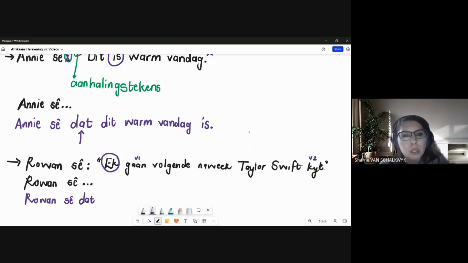So we don't have a head. It's only the head that goes at the very, very back. We don't have a head here. So gaan I read first and kyk I read second. So I still want to read it like that, even though I'm going to move it. I still want to read gaan first and kyk second in my answer.